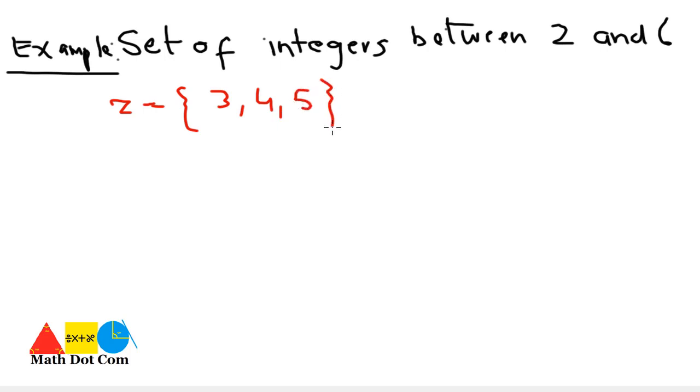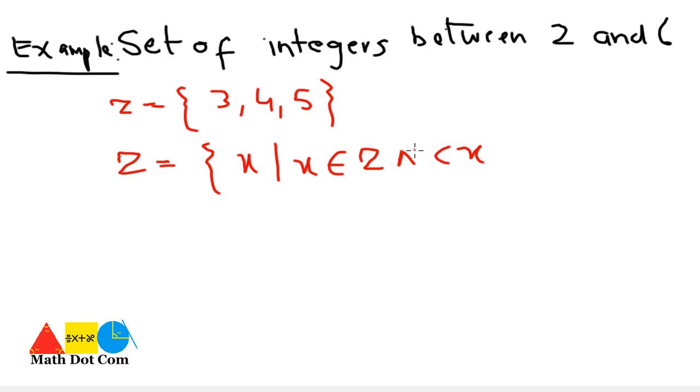And if we write it in set builder notation, we can write it as x such that x belongs to integers and x is greater than 2 and less than 6.